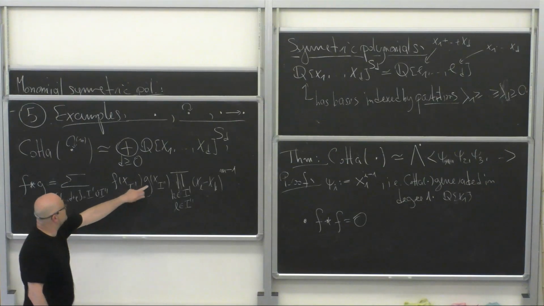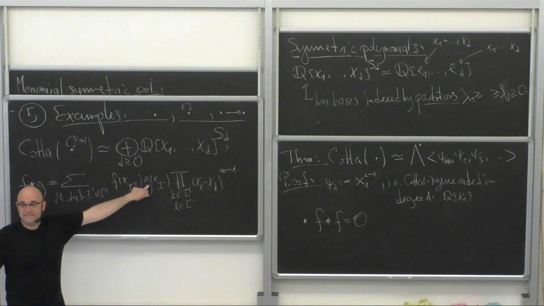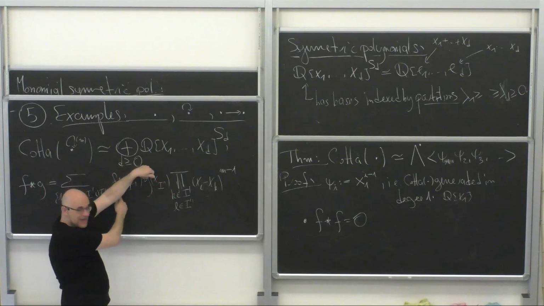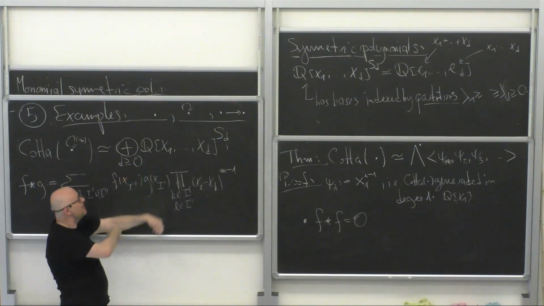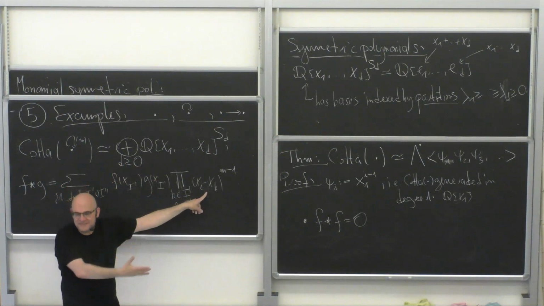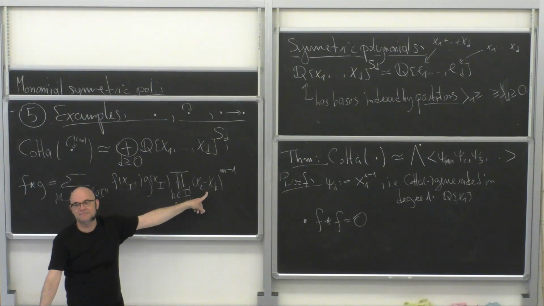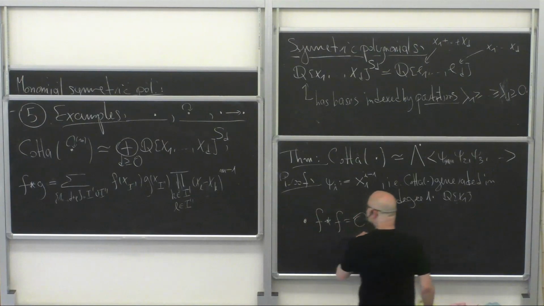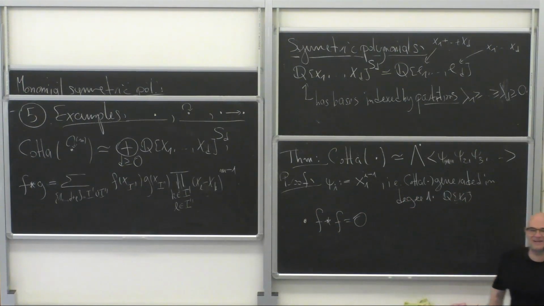If you plug in f and g the same polynomial, then for any shuffle i prime, i double prime, you have the opposite shuffle, i double prime, i prime. And for this opposite shuffle, you have this expression with a different sign. And so everything cancels. So this is an easy calculation. Just stare at this formula for long enough.